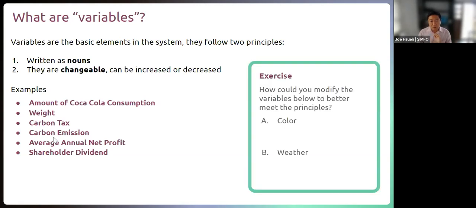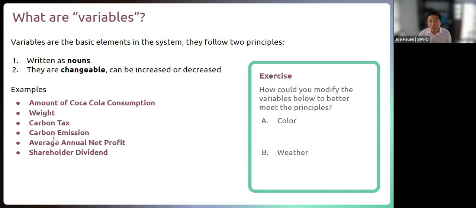Sometimes we will name variables that are not very precise. Here are 2 examples, color and weather. When you say color, what do you mean? What element or characteristic of the color, or of the weather? That's not as precise. I'm going to do a little interactive session here.